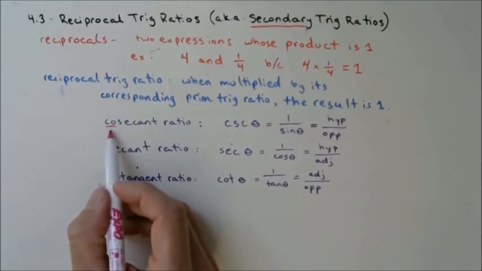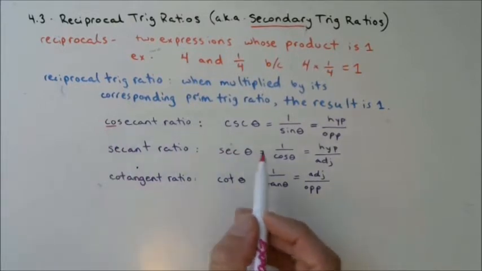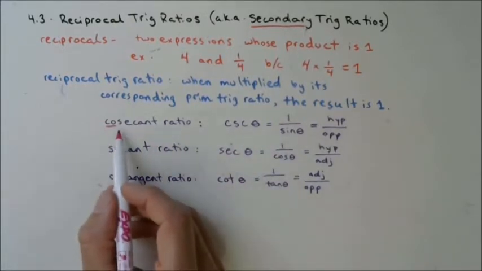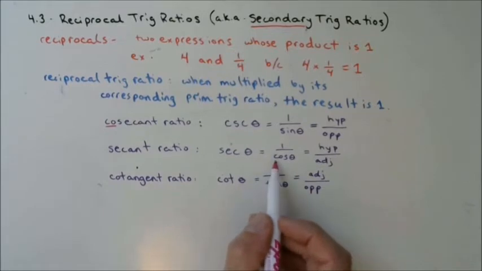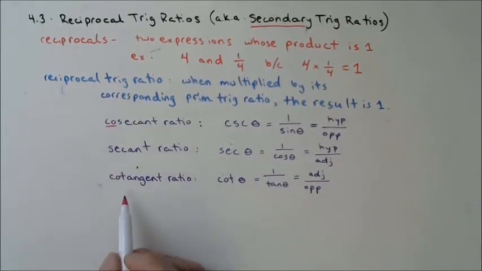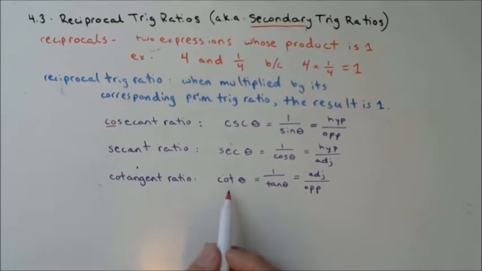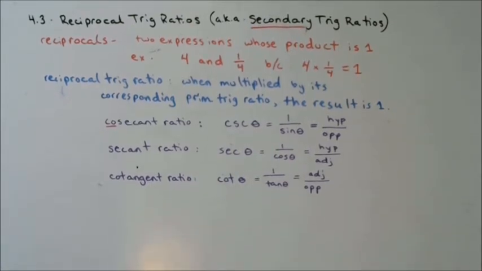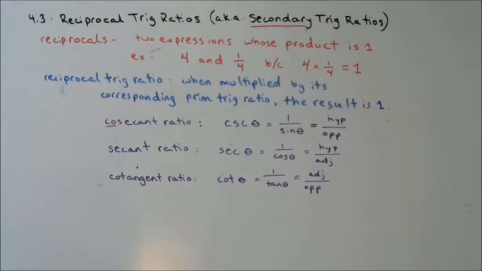Its reciprocal trig ratio does. So you have sine and cosecant, then you have cosine, which has a co already, and secant, and then cotangent and tangent go together. Okay, so there's a quick, easy way to remember reciprocal trigonometric ratios.